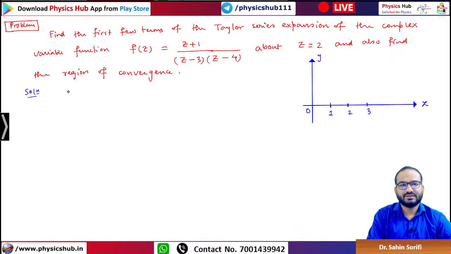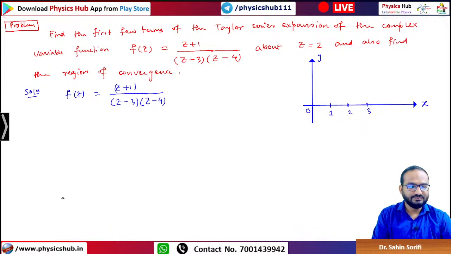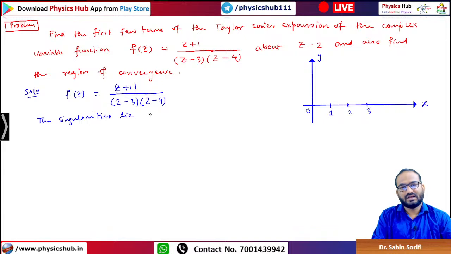Now as you can see, this function f of z equals z plus 1 divided by z minus 3 times z minus 4, where does it have the singularity? The singularities lie at z equals 3 and z equals 4.